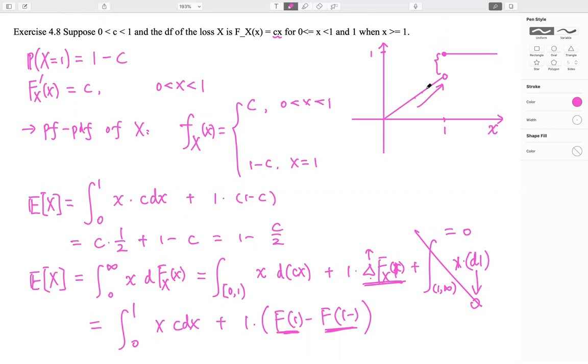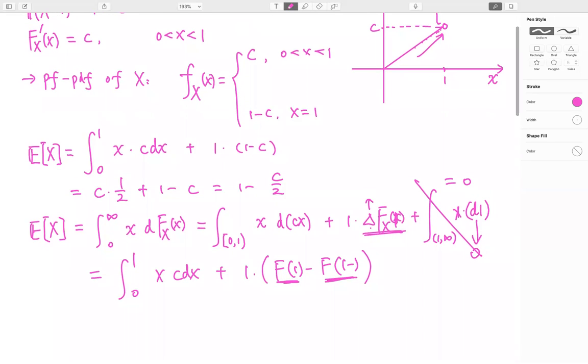Your point gets closer and closer to 1, eventually ultimately close to this empty point, which is c. In the graph, it's c. The distance is 1 minus c. So here is 1, here is c, and that's why both ways are the same.